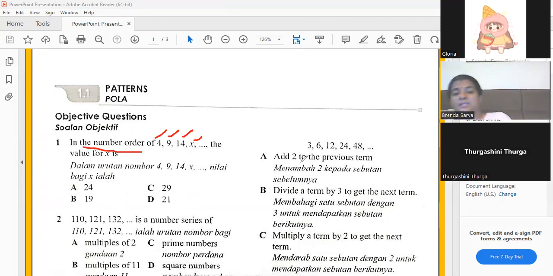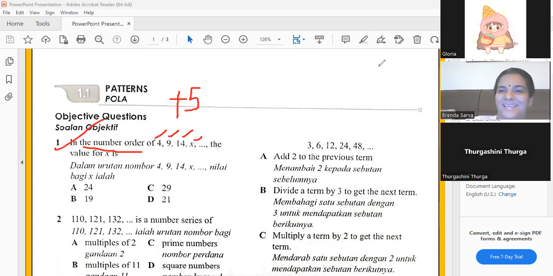Oh, I can see your answer now. Okay, good, chat is working. So you guys said it's B. Now, what is the pattern that you found? Very good, +5. Easy, huh?